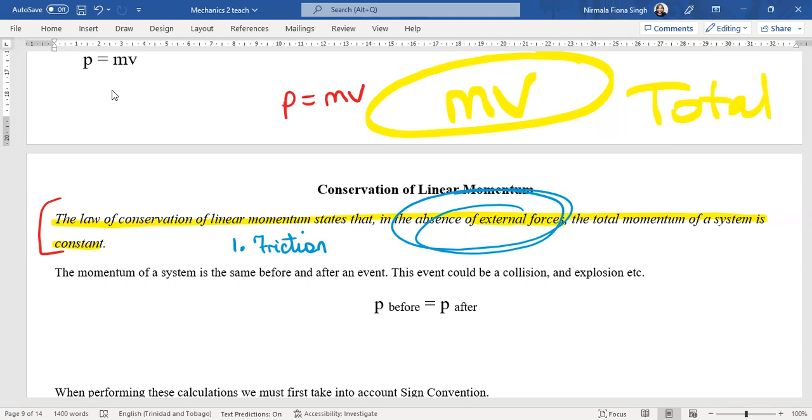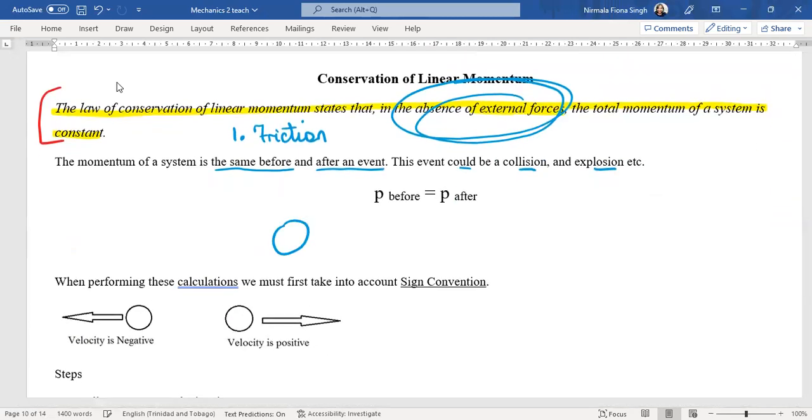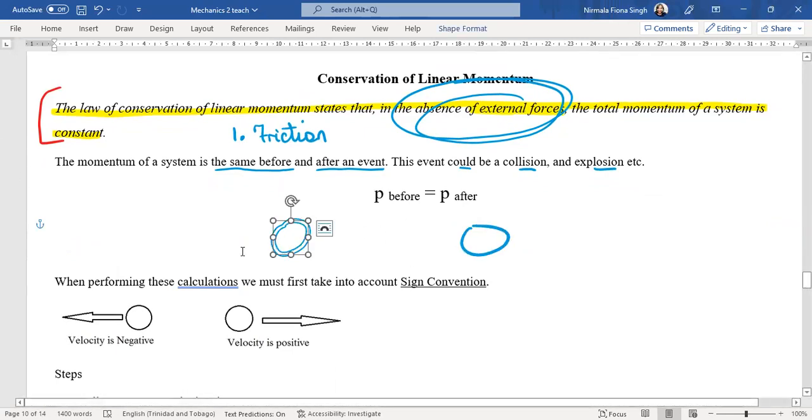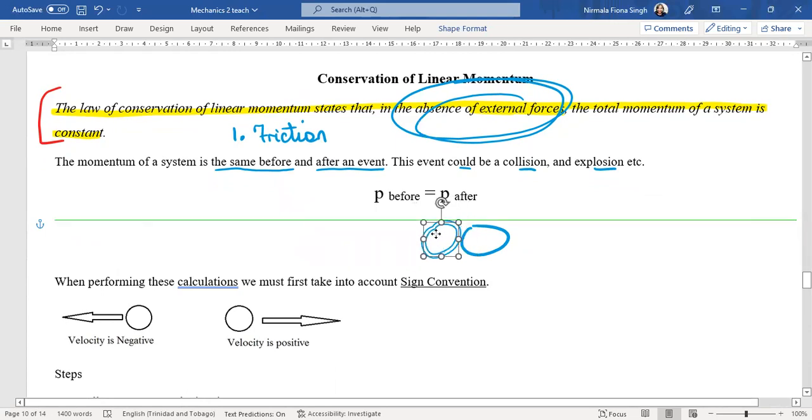So let's continue reading. The momentum of a system is the same before and after an event. What are some of these events? These events could be collisions or explosions. Collisions mean you have two objects traveling: one object is going to travel and hit the next one.